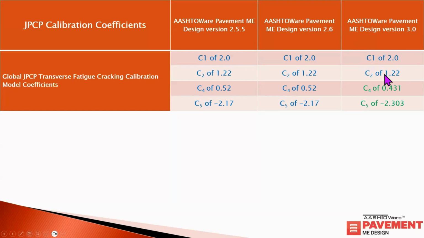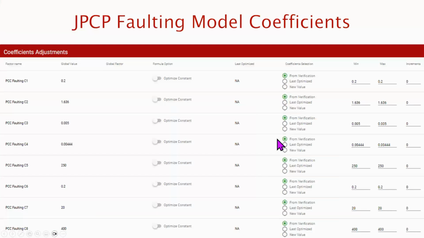It did not adjust the damage coefficients. And this goes along with what I mentioned first: if you do an optimization, start with the transfer function. That's what happened with the global calibration. It was actually the two transfer function coefficients, C4 and C5, that were adjusted from their previous values for the desktop versions. And this is basically what dialed in the performance model with the 3.0 version with the new global calibration.